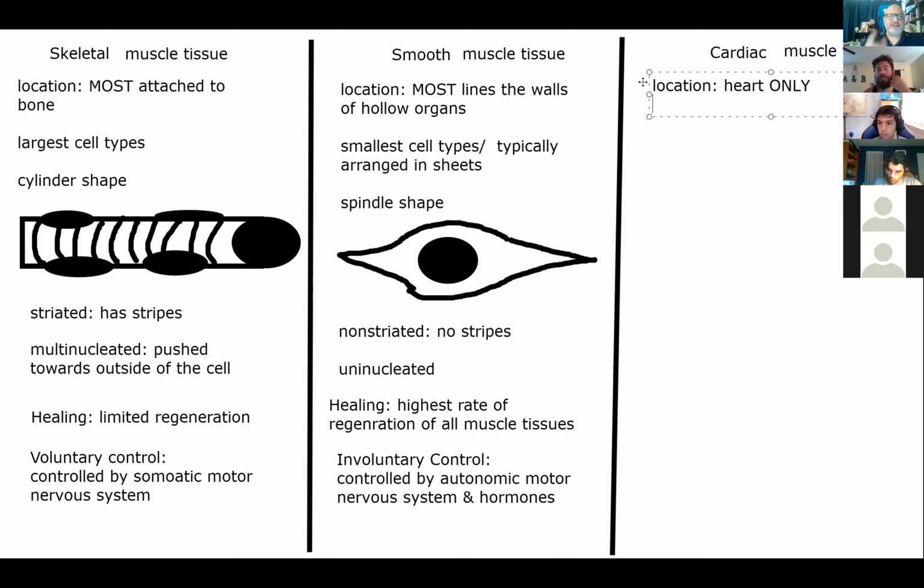Now, not surprisingly, if skeletal muscle is the largest and smooth muscle is the smallest, this is going to be intermediate in size. When it comes to shape, it has what we call a branching shape.